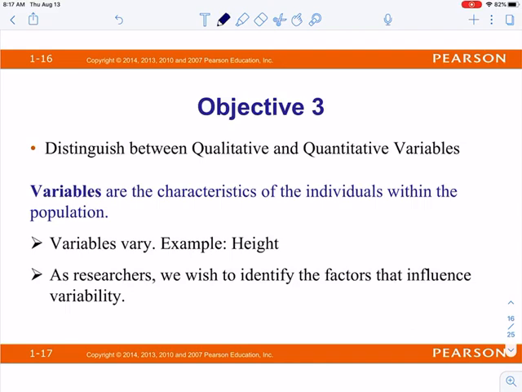First, variables are characteristics of the individual within the population, and variables vary. Example, height. My height can vary from me to another person. As researchers, we wish to identify the factors that influence variability.